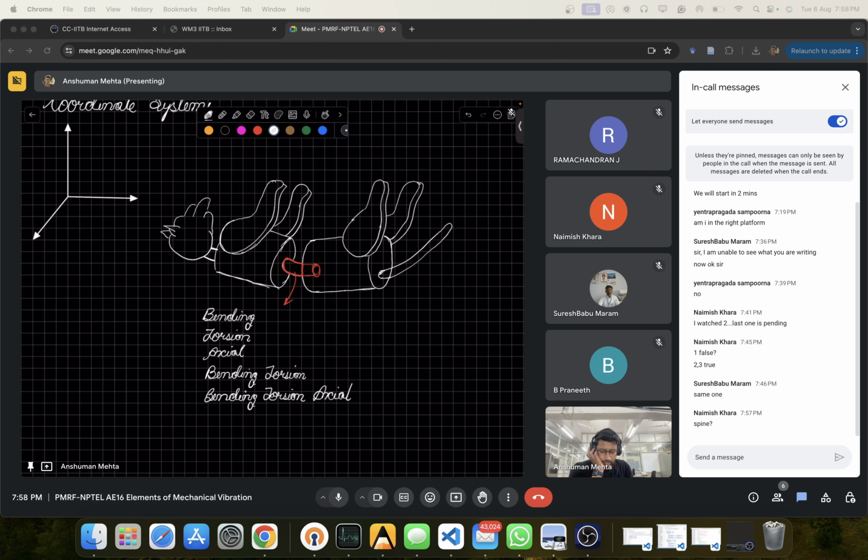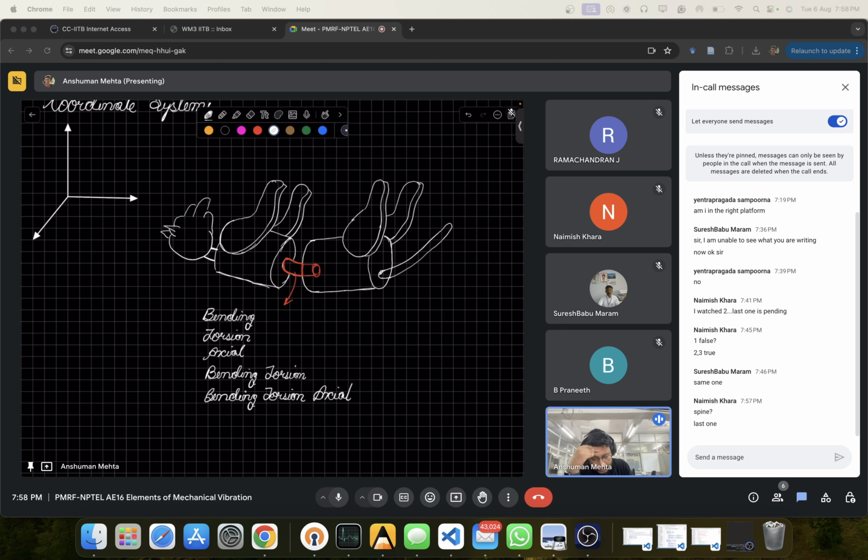Which one? Bending? Okay, so one answer is bending. Last one. Yeah, obviously last one is the correct answer. But we want to optimize, like what we can throw out. Since we are making an engineering choice, that means there is a need of optimization of what are the essential things which you wanted to take.